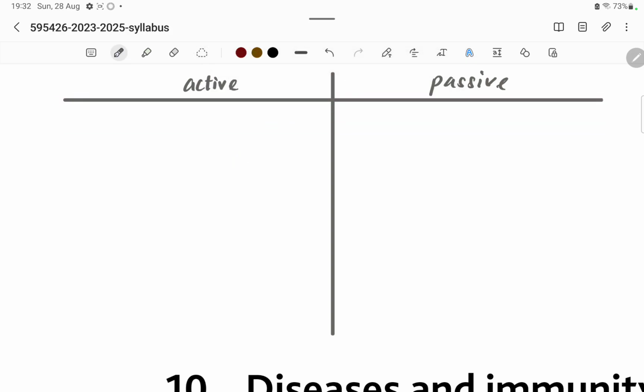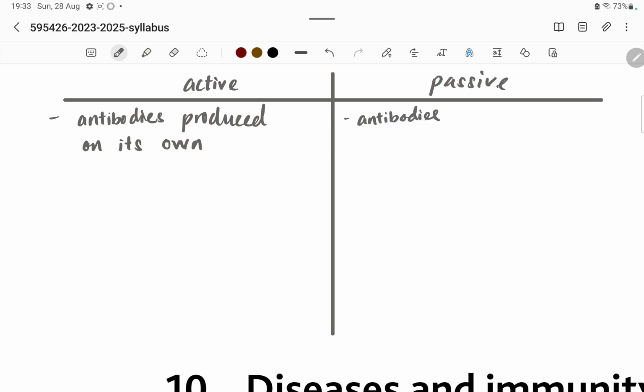Alright, if they ask you to find the difference, first things first, in active immunity antibodies are produced on its own. In passive immunity, antibodies are acquired from another individual.